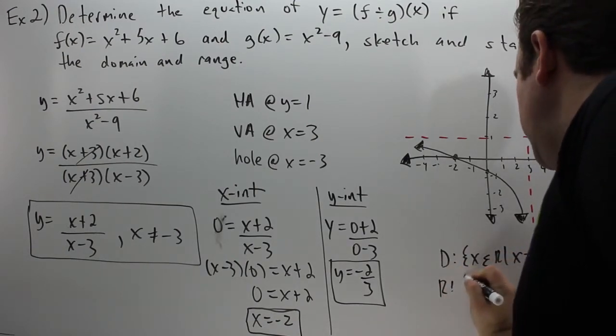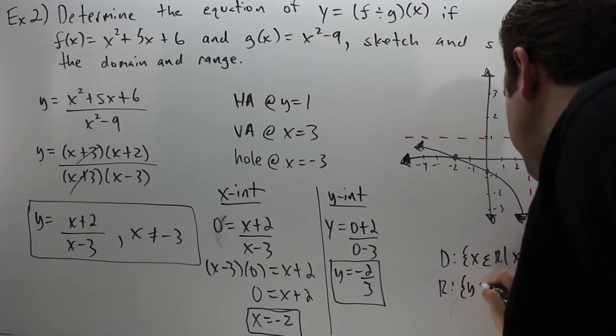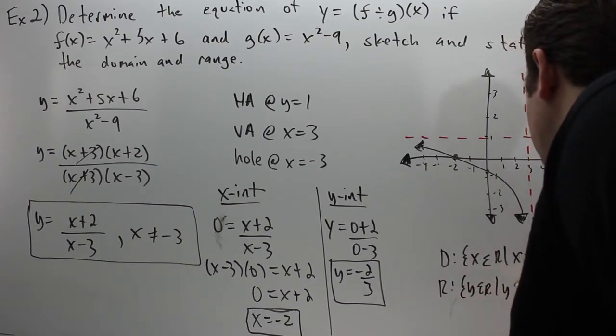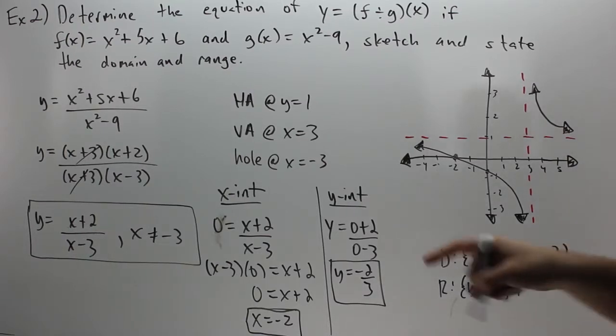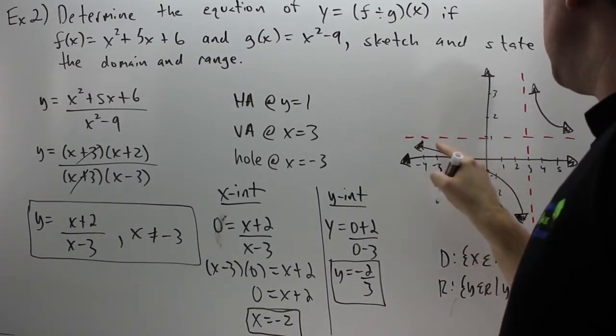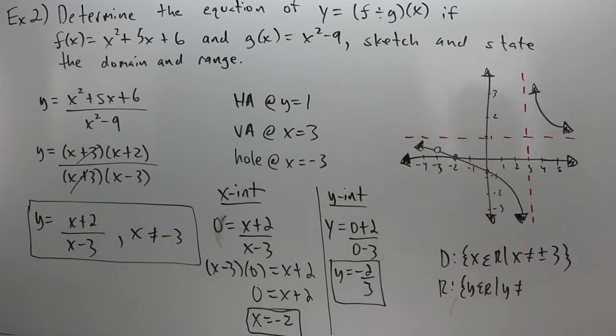Then for the range here, the range is going to be that y cannot be equal to, there's going to be two values here. And I just realized that I'm actually missing something here. I'm supposed to have a hole at negative 3. I forgot to plot that. So that would be right here.